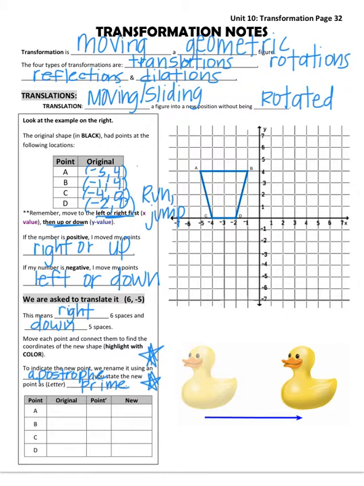That puts me at 1, -1. So we label that point as A prime. So the original was -5, 4. A prime is 1, -1.